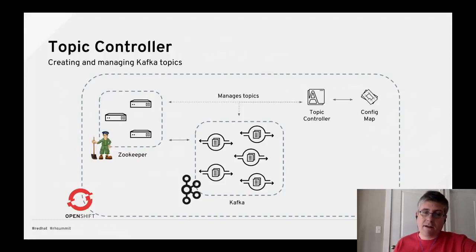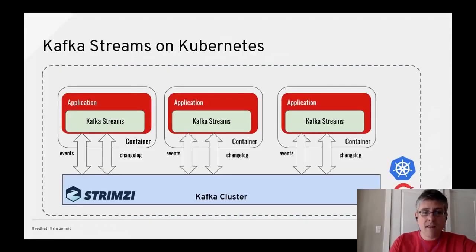You will create custom resources in OpenShift and in Kubernetes. And the topic controller will be the one that will take control and create these topics for you. Conversely, it will make those available as Kubernetes native resources. So essentially, the management of your Kafka cluster is reduced to managing your OpenShift cluster, right?